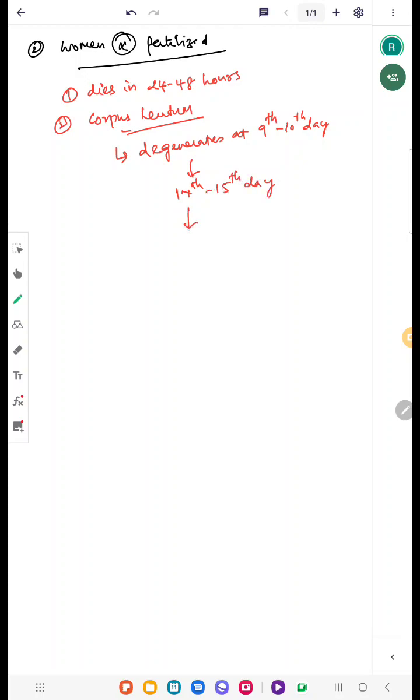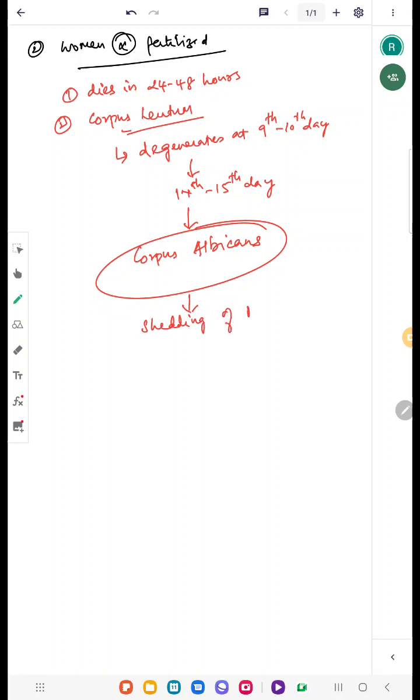The corpus luteum degenerates to form a structure called the corpus albicans, and then it results in shedding of the endometrium. So it results in progesterone withdrawal, because the corpus luteum is responsible for the secretion of progesterone.